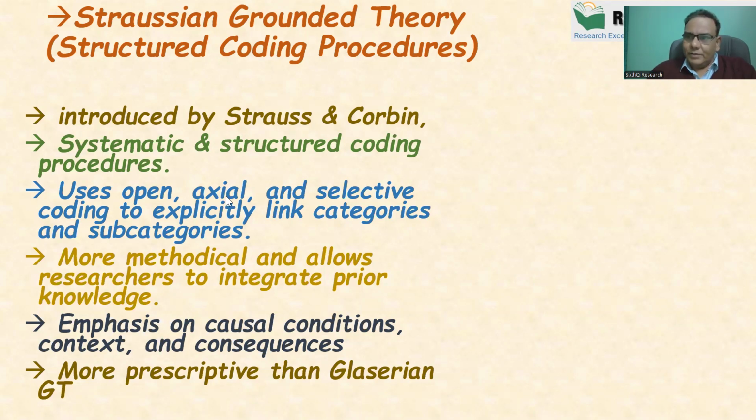Axial coding is a categorization of which keyword belongs to which theme. Selective coding is to find out the categories and subcategories. It is more methodological, allows the researcher to integrate prior knowledge, and emphasizes causal conditions. So this is more prescriptive than the previous approach.